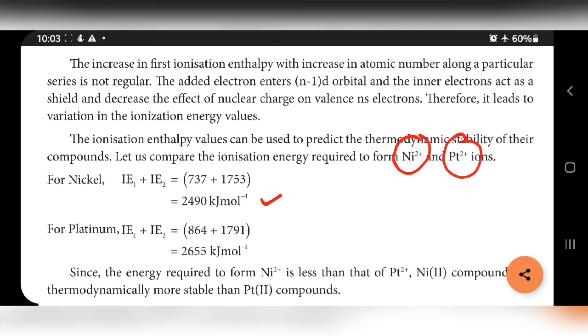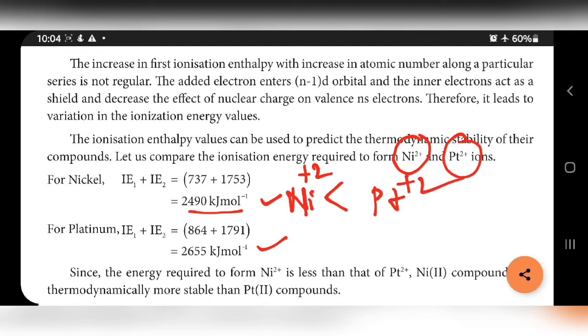For platinum, the first and second ionization energies sum to 2655 kilojoules per mole. The energy required to form nickel 2+ is less than platinum 2+.